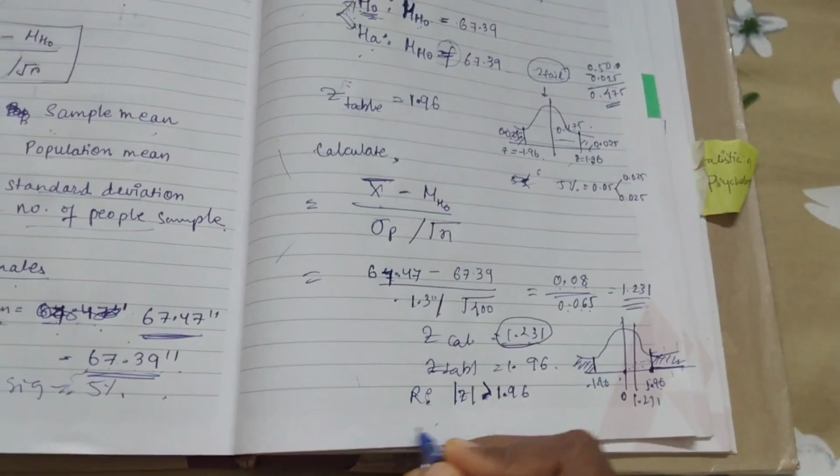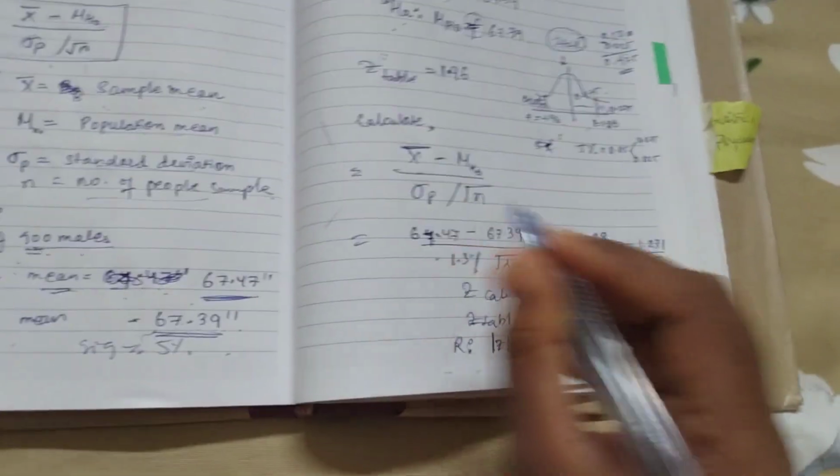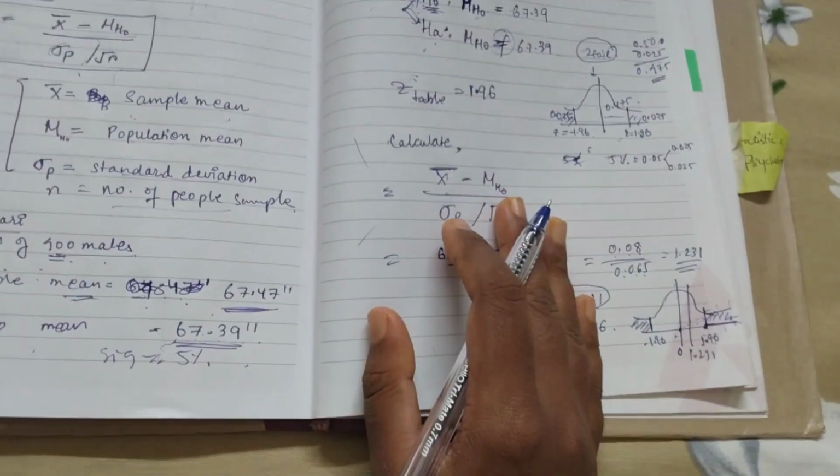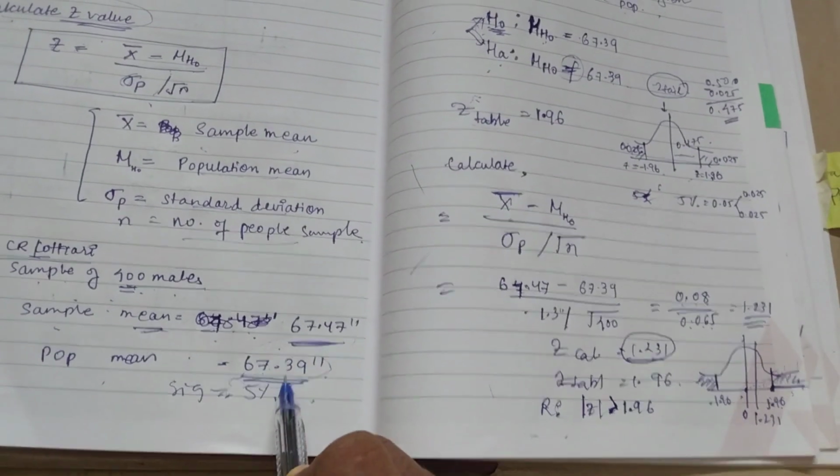When we are accepting it, we are agreeing that this particular sample is taken from the population whose mean is 67.39 inches.